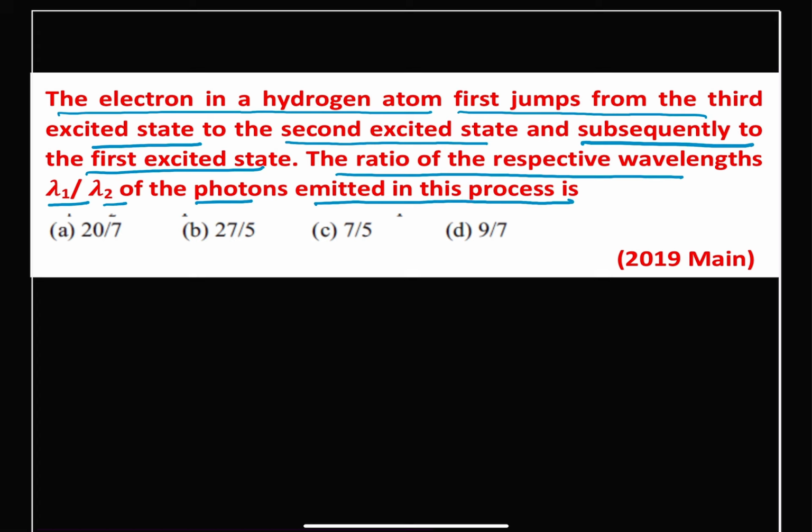λ2, and we have to remember it is from the third excited state, so therefore value of n will be equal to 4, and this is second excited state, so the value of n will be equal to 3, and similarly for the other part also.